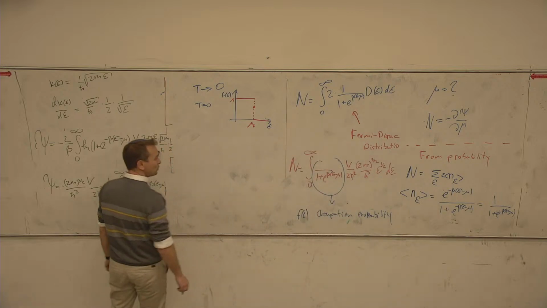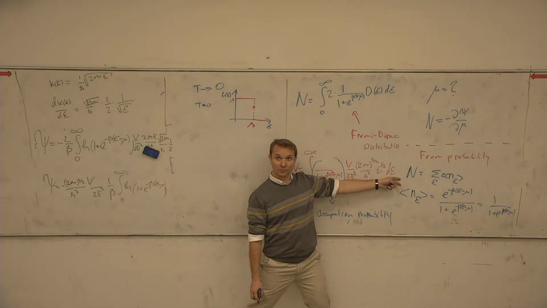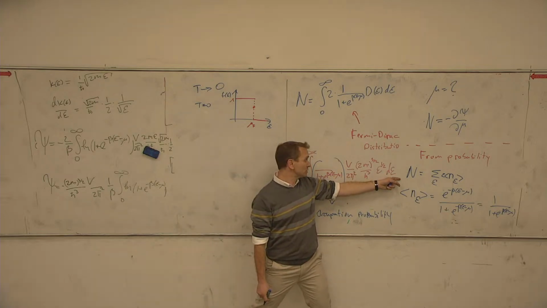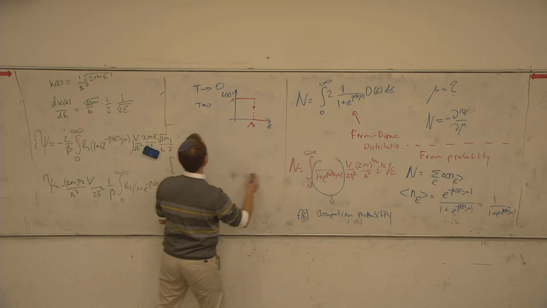So when we integrate over all the different epsilons in the limit of very small temperatures, we don't integrate up to infinity.